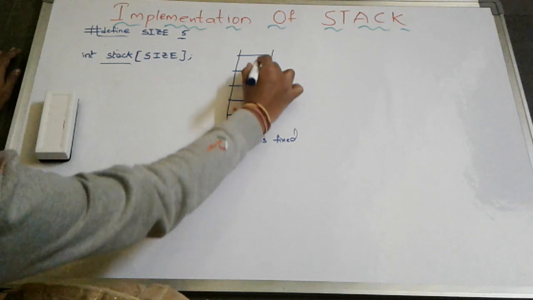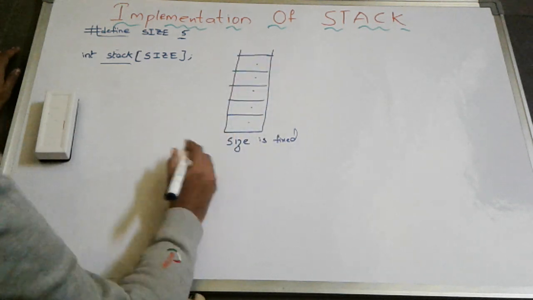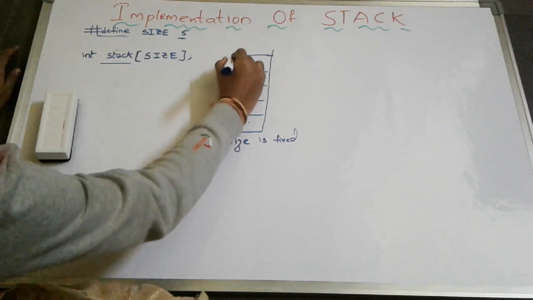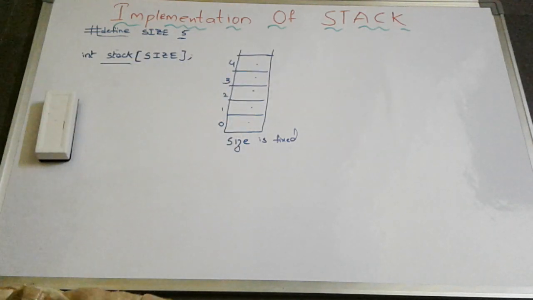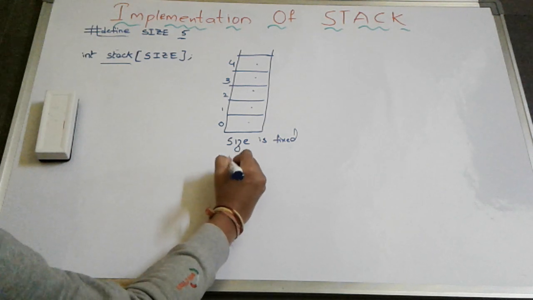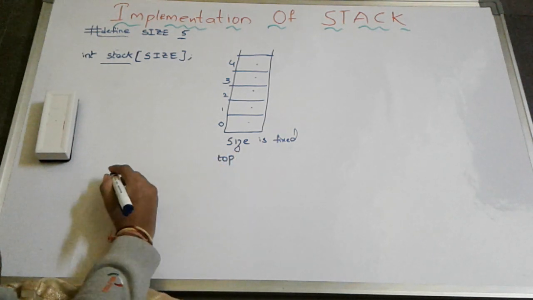1 2 3 4 5. So the size of the stack is fixed and the index of this stack starts from 0. Now in the previous video I said that there is a variable called top for a stack.